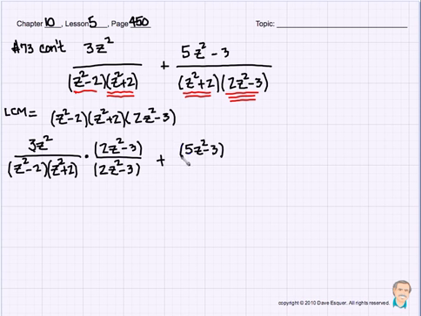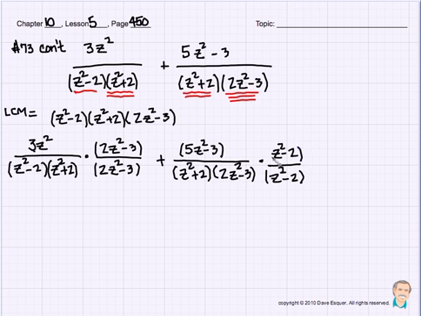5z squared minus 3 divided by z squared plus 2 times 2z squared minus 3. But it has to have the same denominator too, so we're going to do a z squared minus 2 in the numerator and denominator. So we're multiplying this second term by 1 over 1.